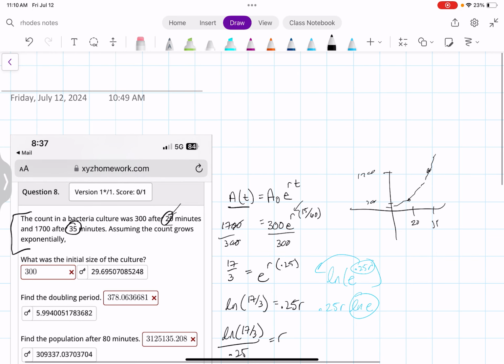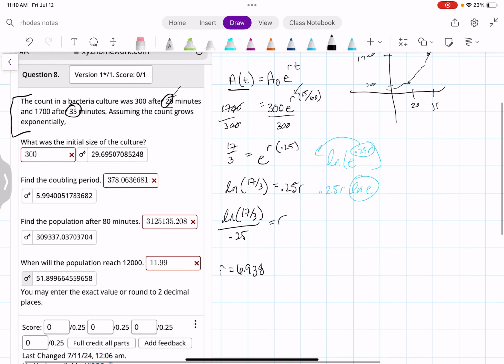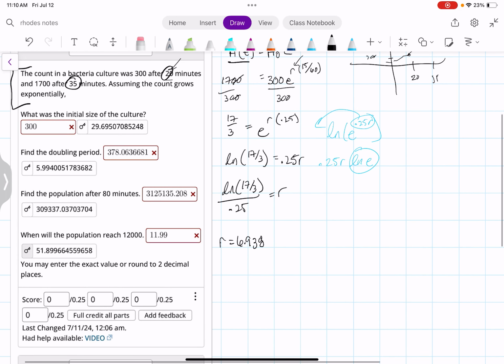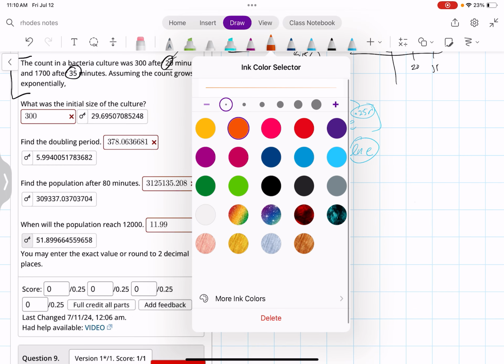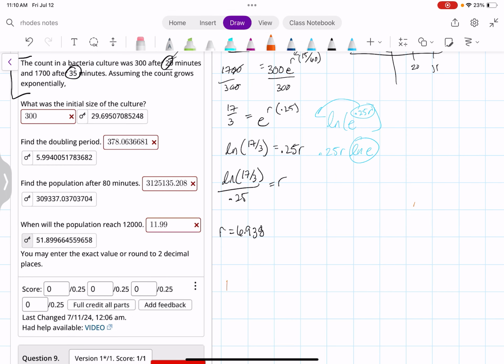All right, so that's not what they're asking for. They want to know what was the initial size of the culture. So we're going to go back through this using the same formula: A of t is equal to a sub 0 e to the rt.